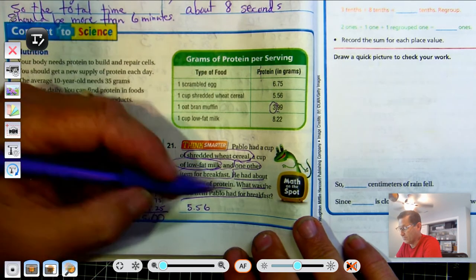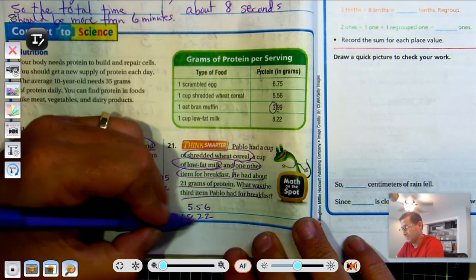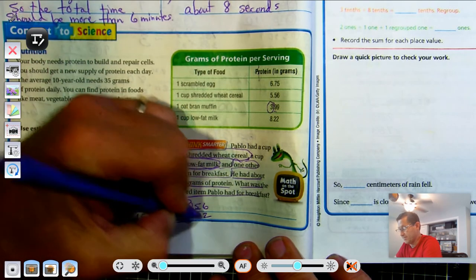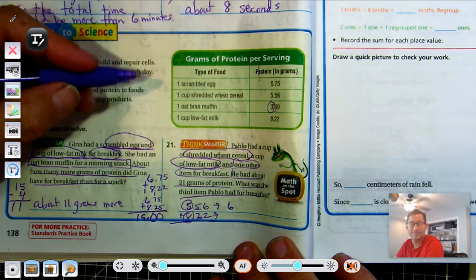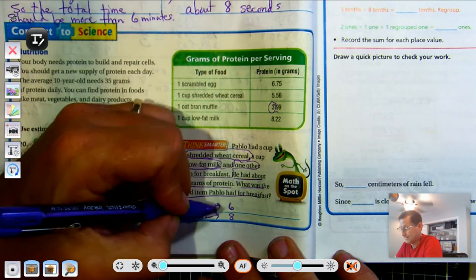He also had a cup of low-fat milk, 8 and 22 hundredths. So let's figure out how much that was. If we round it to the nearest 1, that would be 6. And 8 and 22 hundredths would round to 8.